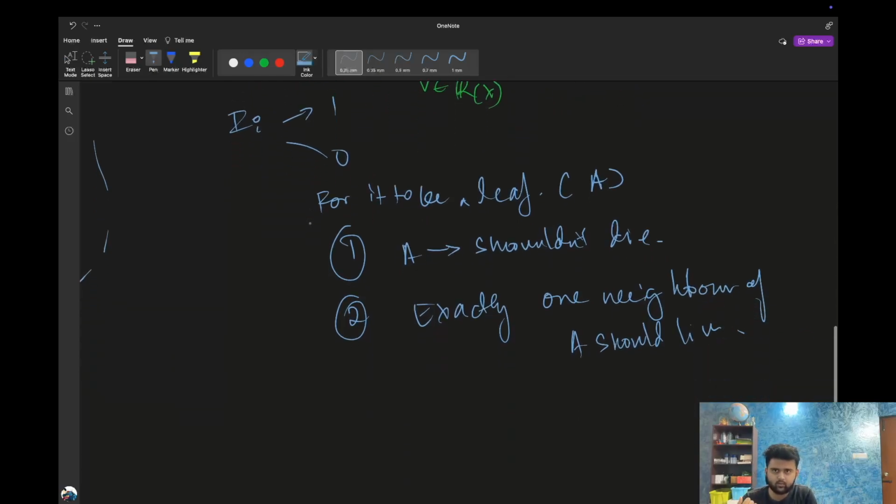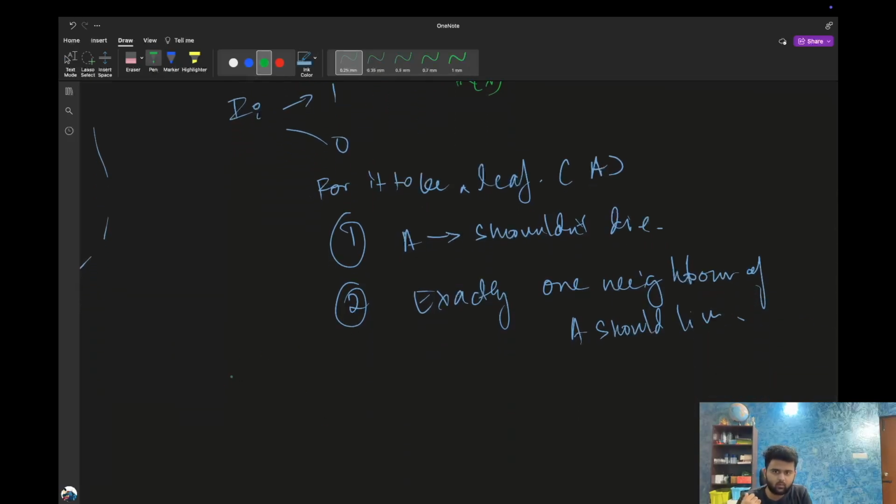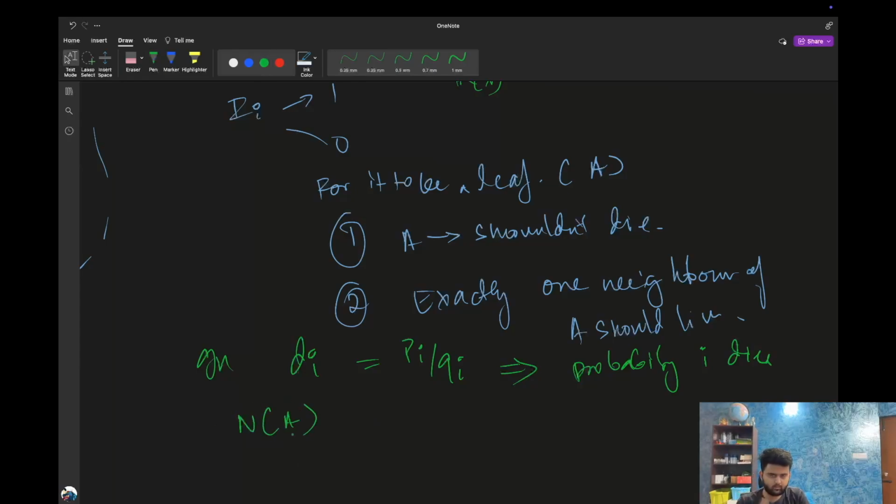So what are we given? We're given the probabilities that a vertex dies. So we are given d_i, which is equal to p_i by q_i, the probability that i dies. Now let's say we define N(A) to be the neighborhood, that's all the vertices with distance 1.